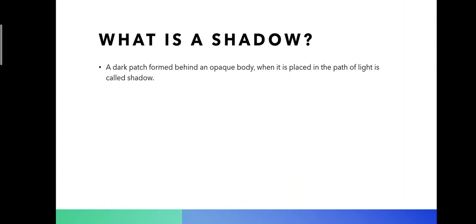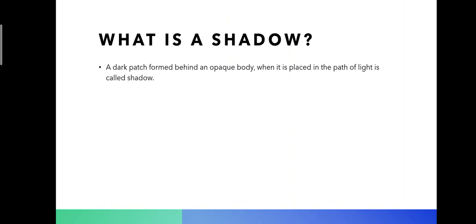The main and important characteristic of a shadow is that it is only of black color or some light black or gray color. Why? Let me tell you.